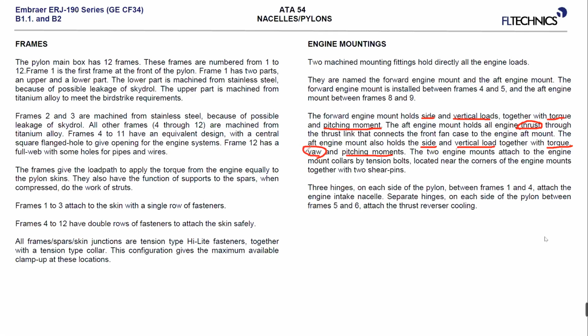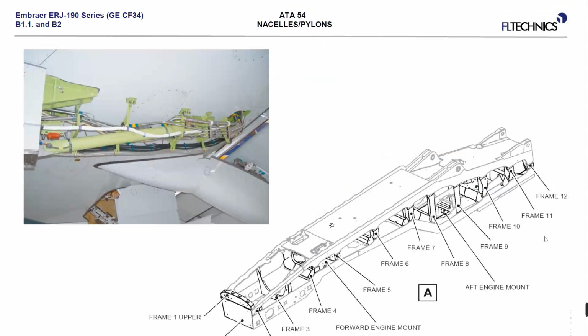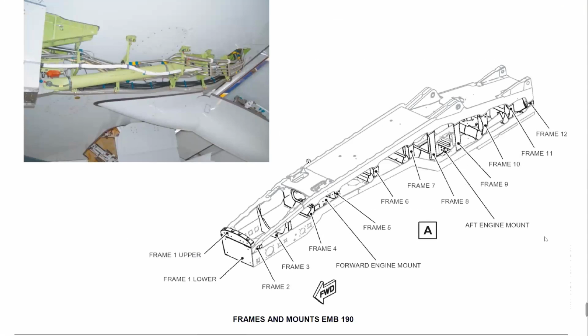So these side, vertical and torque loads are from both mounts, but we have thrust loads, engine thrust, and the yaw moments, which are transferred through the aft mount. So we have to remember these different mounts and the loads that are transferred. It is important here for the operation and the structure of the components.